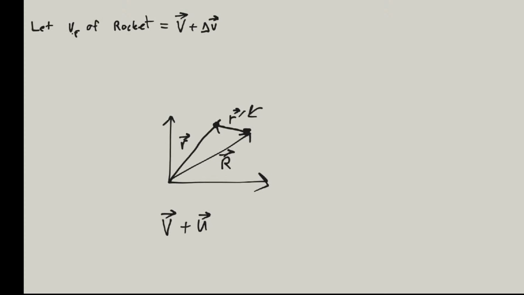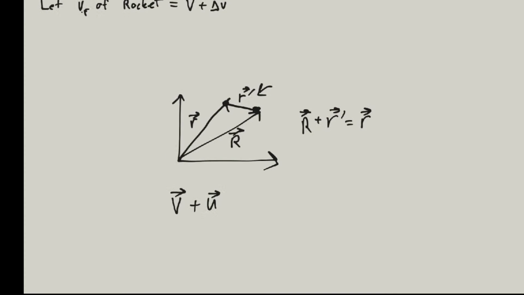Oh, let's write this out clearly. In terms of position, R plus r prime equals little r, as vector addition shows us. So then, we know that v plus u equals, what should we call this? Oh, actually, hold on, it's not v plus u.